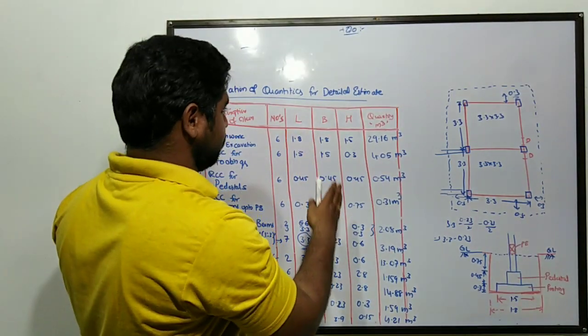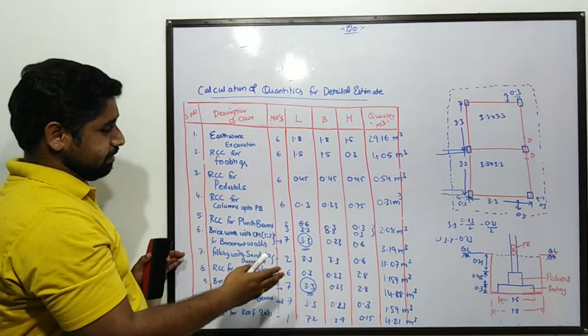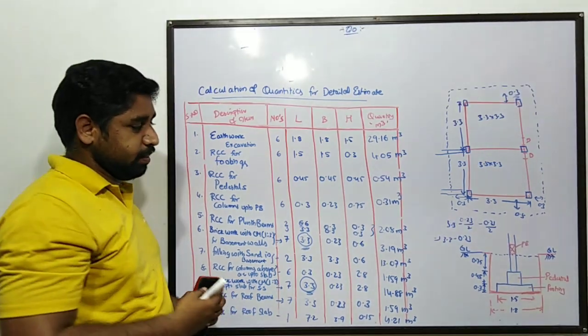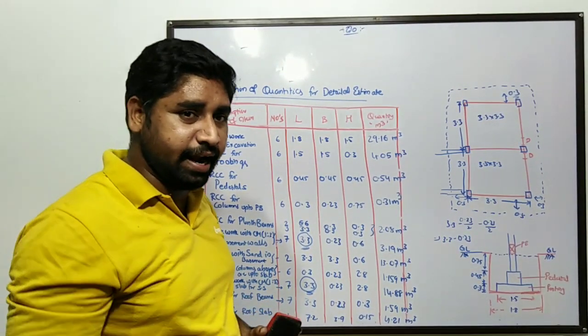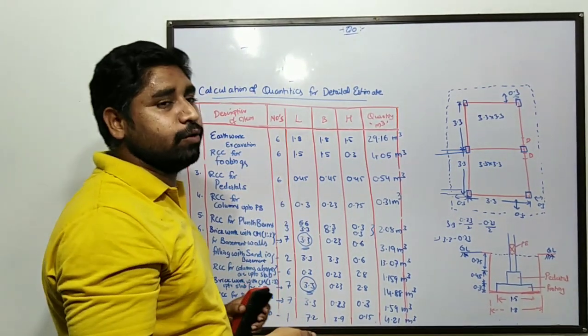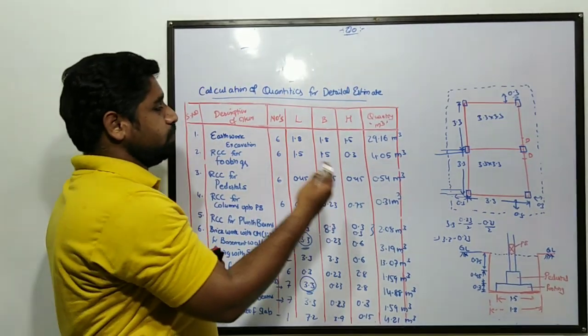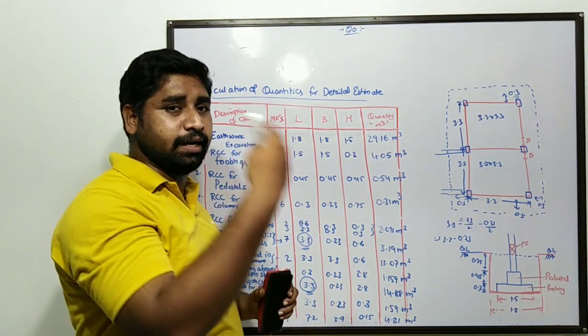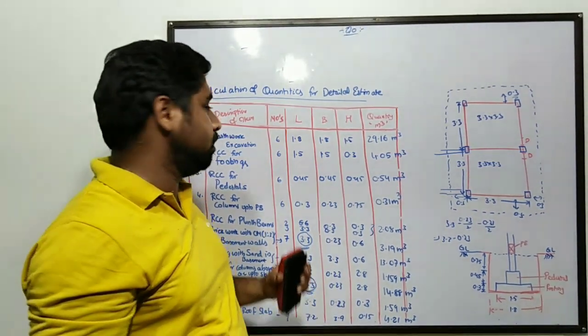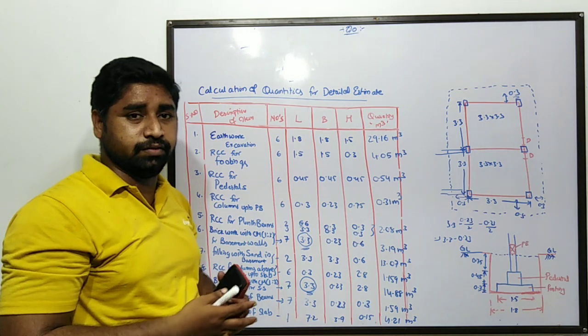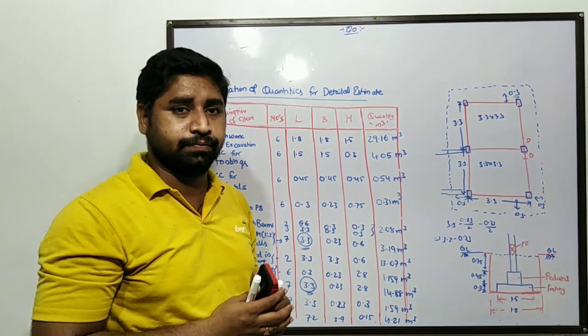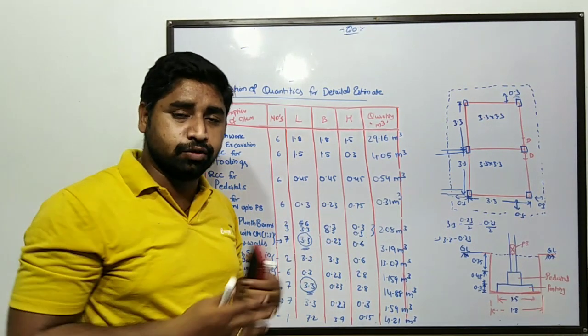After completion of this detailed estimate in terms of quantity, and after calculation of rates as per SSR, then we will be going for preparation of the abstract estimate, which includes quantity as well as the rate. From that, you will get the total rate of each item of work. Okay. Hope this video is useful for you everyone.